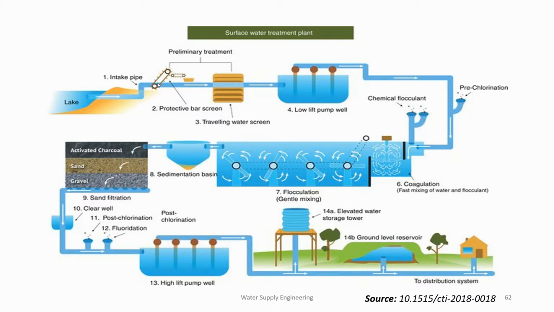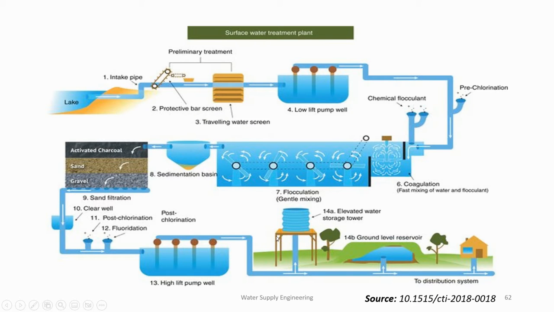So it needs to be passed through several treatment steps, which you will be learning in the subsequent weeks. So some sort of preliminary treatment and secondary treatment will be there to remove, as we discussed earlier, the dissolved gases, dissolved solids, suspended solids, pathogens. All these will be removed through these steps.